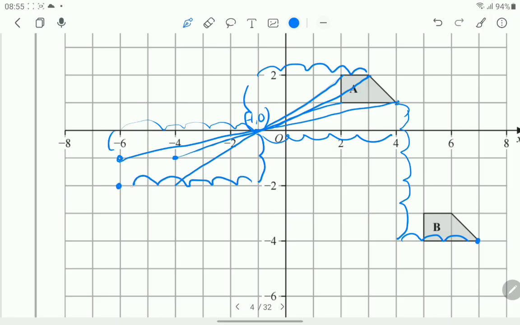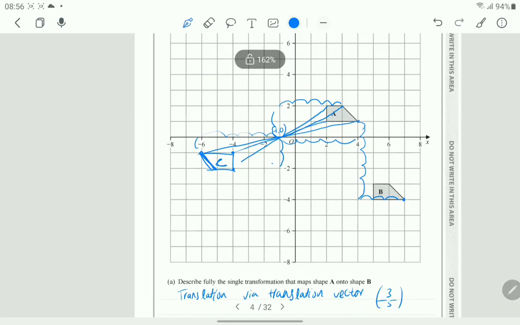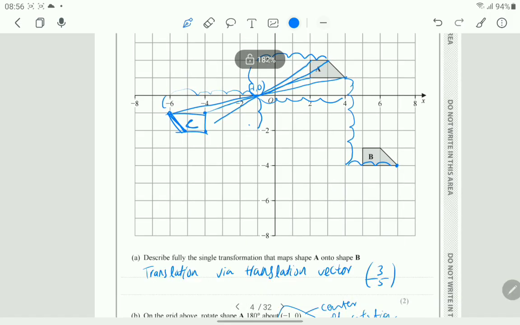So this would be your new shape. Let me just make it neat. So this would be your new shape C. So you draw this and you get full marks. So now moving on.